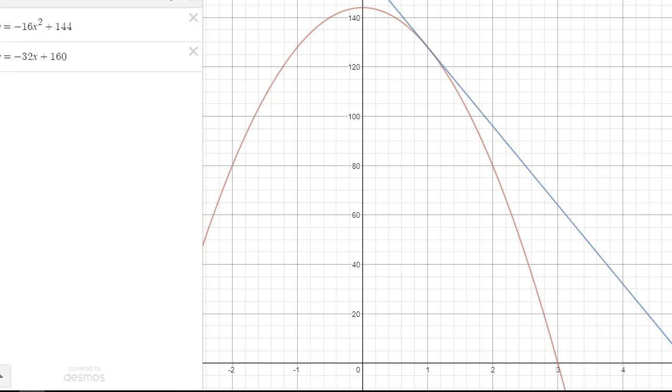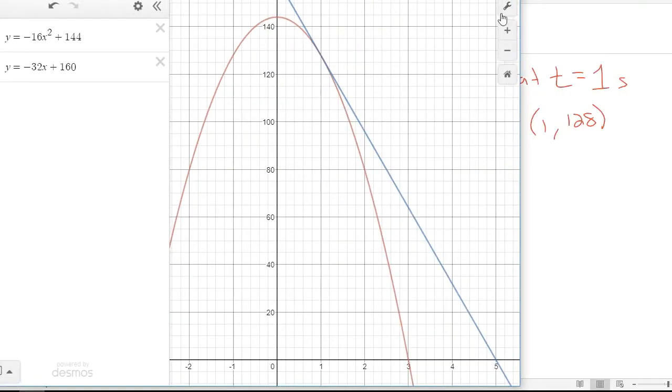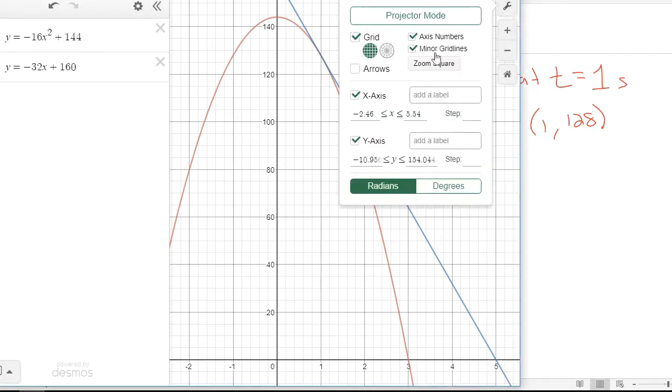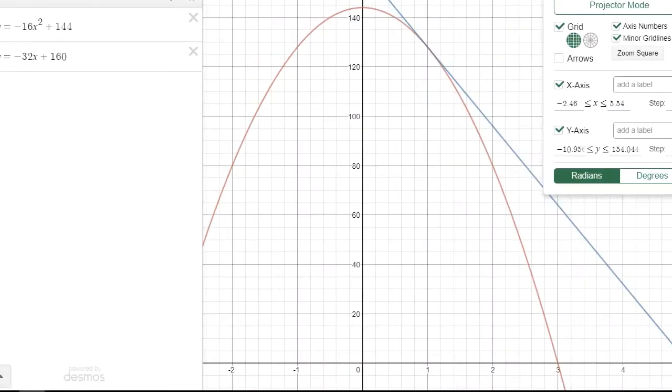And remember, on Desmos, I can click in the upper right hand corner, where there's the shape of a wrench, to bring up the graphing window. So I set a Y min slightly negative, and a Y max a little bigger than 144, and then an X min of like -2 something, and an X max of about 5. So it gives me a pretty nice viewing window here.